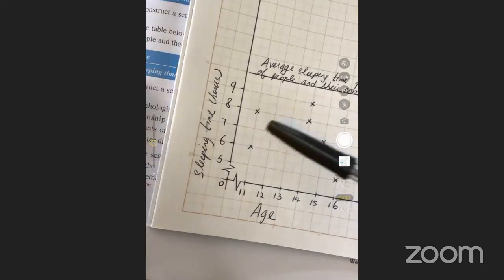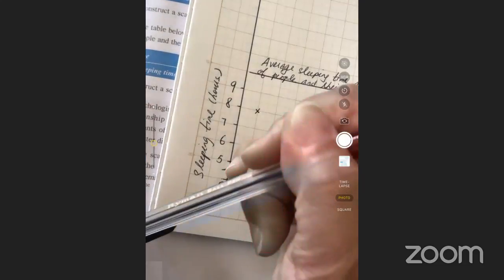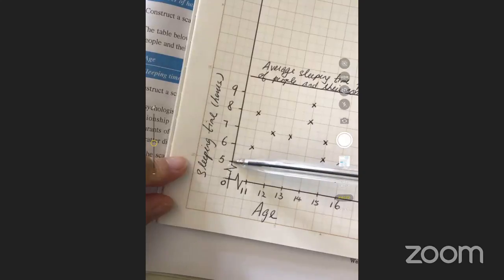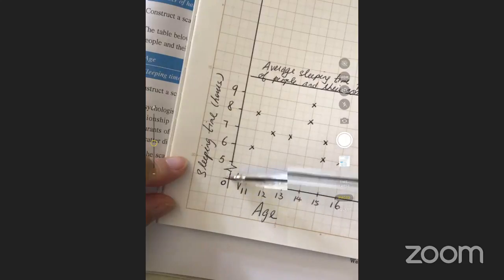After this, I use one big square to represent 1 hour. Definitely this part is not 0, 1, and therefore I need to draw a symbol like that, because this part is just skipped.